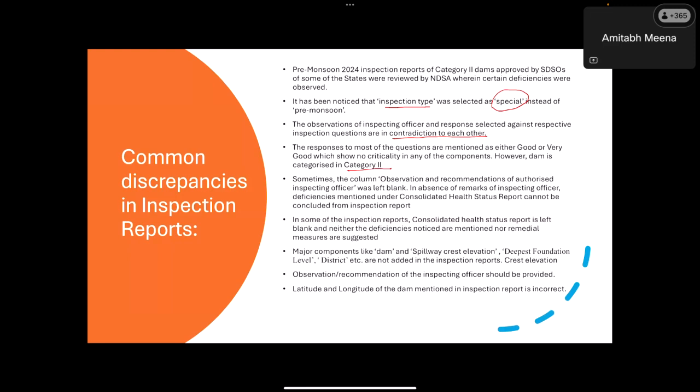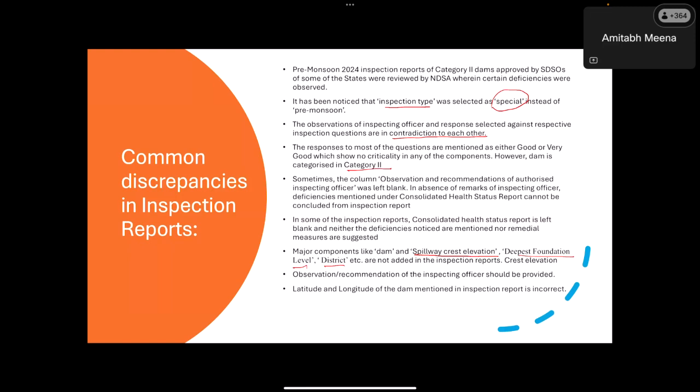Like spillway crest elevation, deepest foundation level, district, etc. These are the basic details which need to be filled up in the Dharma portal before the inspection form is filled up. Observation and recommendation of the inspecting officer should be provided. Also, the latitude and longitude of the dam mentioned in inspection reports: in some of them, the latitude and longitude are missing.